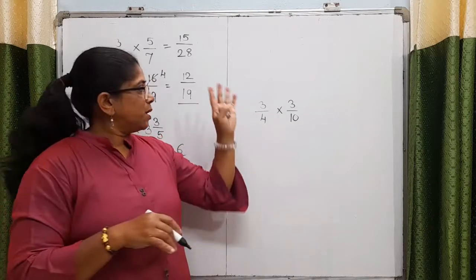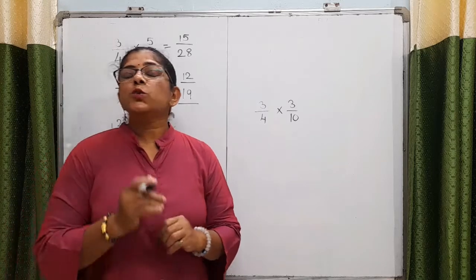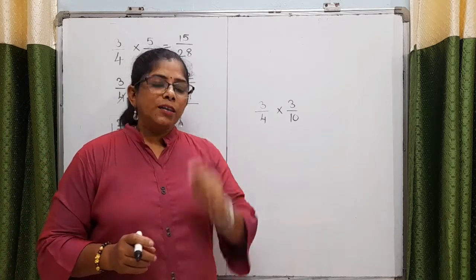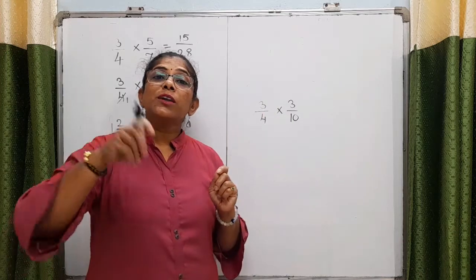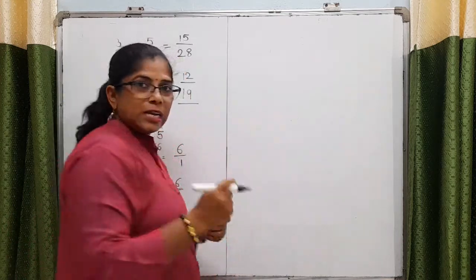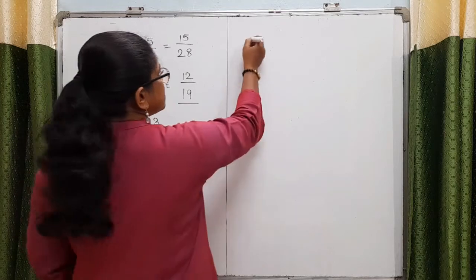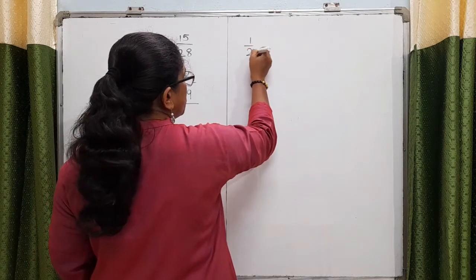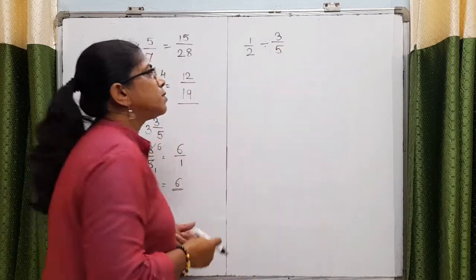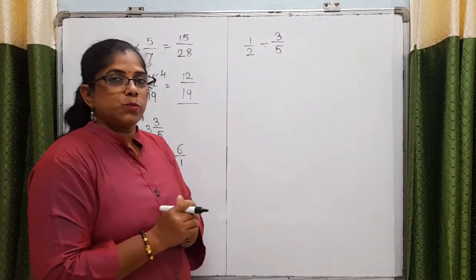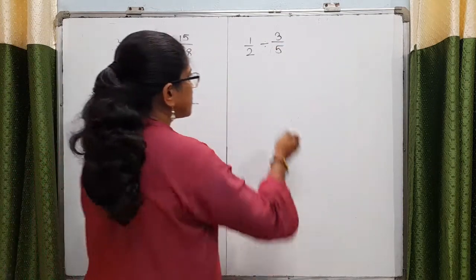Now, if this multiplication concept is quite clear to you, then division is very easy. Now, let's see how to divide the fractions. Let's see one simple example, division. 1 upon 2 divided by 3 upon 5. Now, what we have to do? Okay, rule number 1.